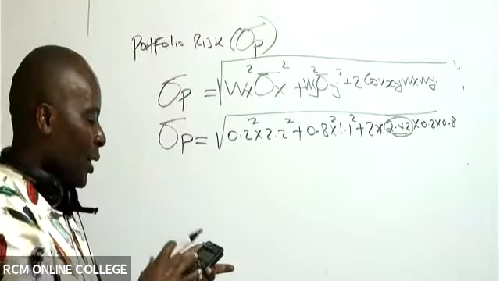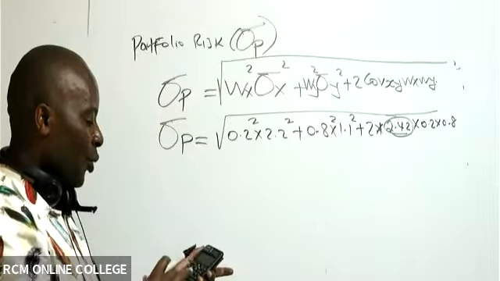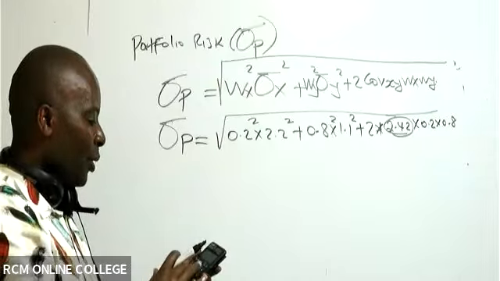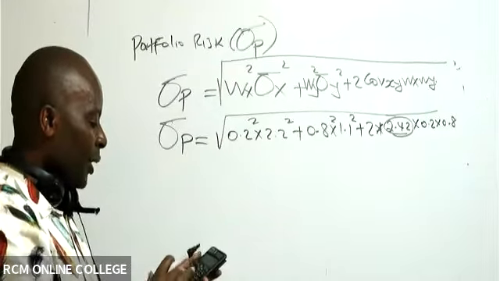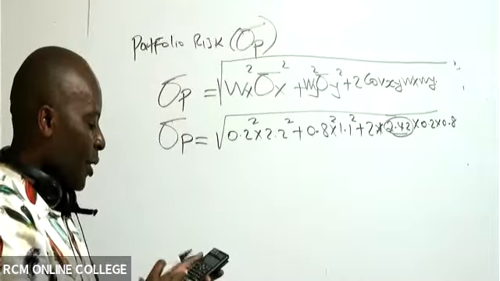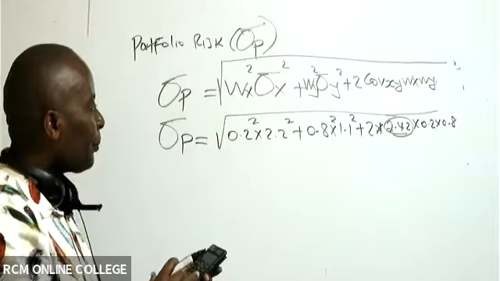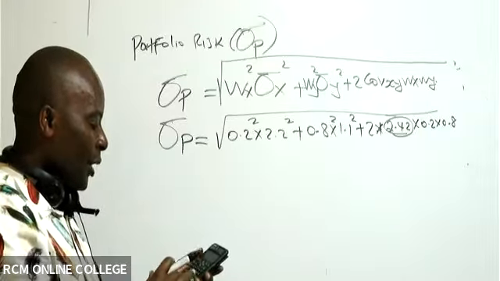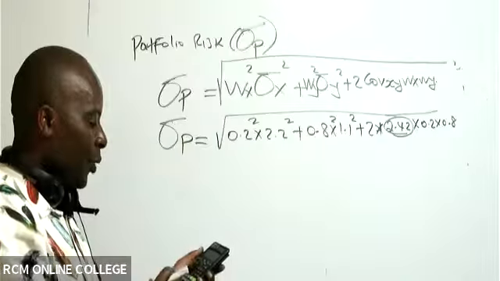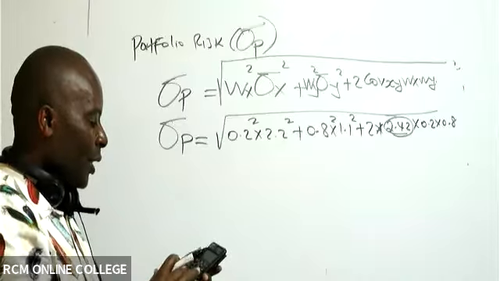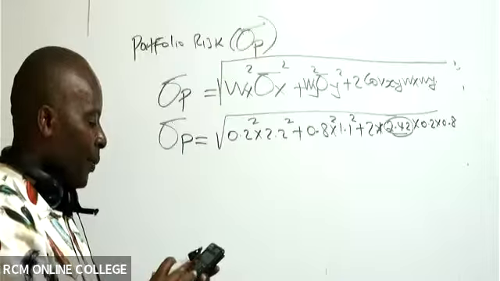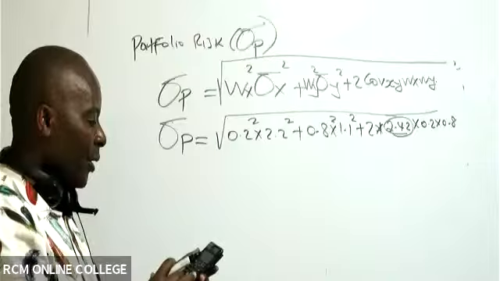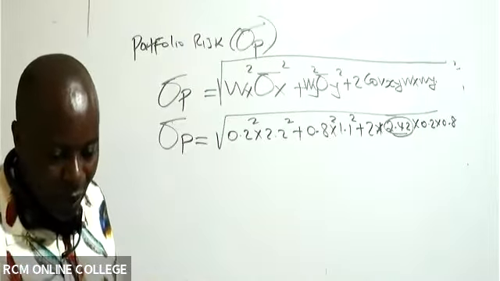You say 0.2 squared times 2.2 squared, plus 0.8 squared times 1.1 squared, plus 2 times 2.42 times 0.2 times 0.8. You say equals. Whatever answer you get, you say square root.